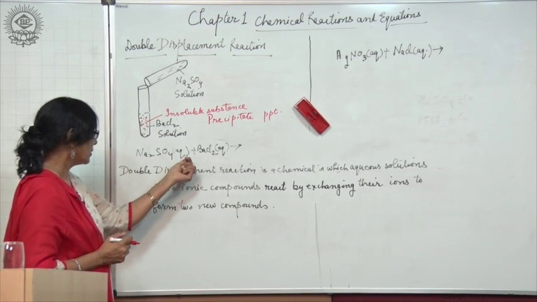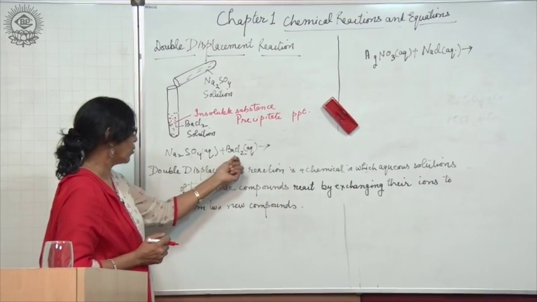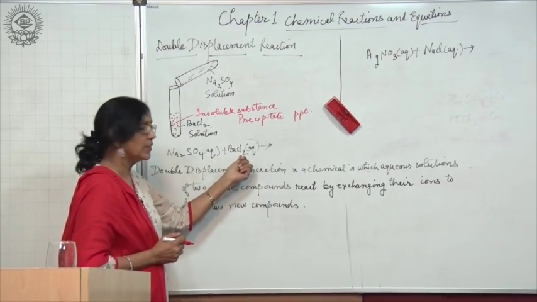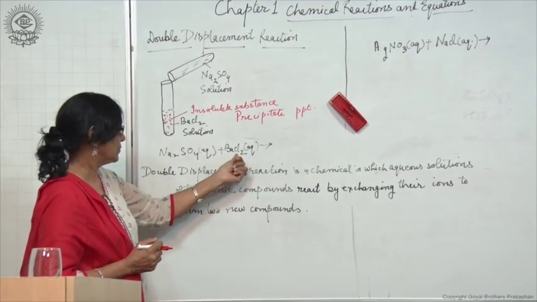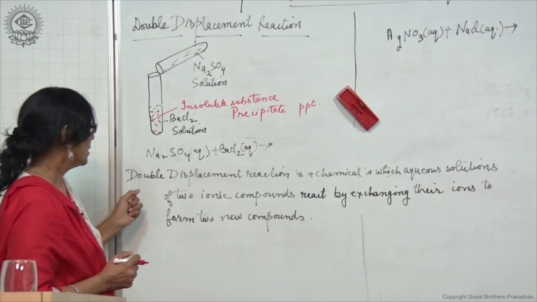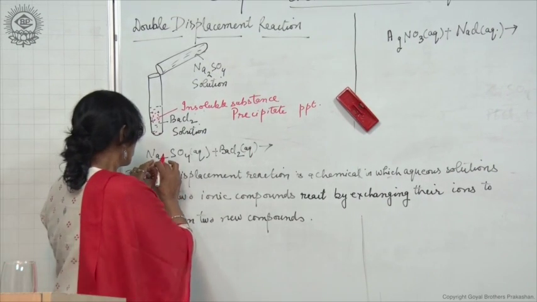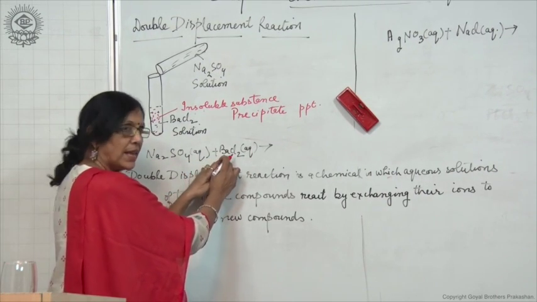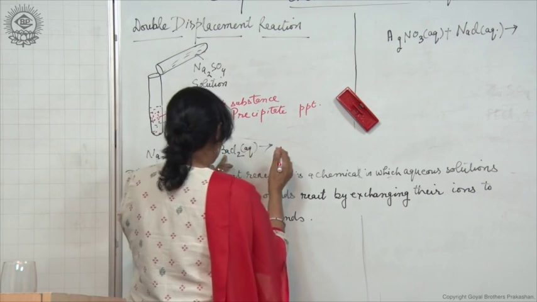Sodium sulphate aqueous solution in water has reacted with barium chloride solution in water. Now, what has happened? Sodium has displaced barium. So, what will it form?